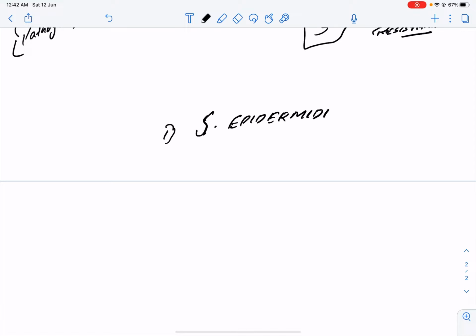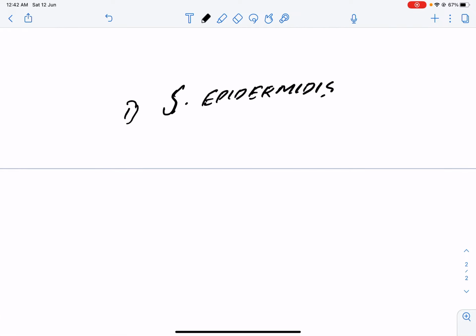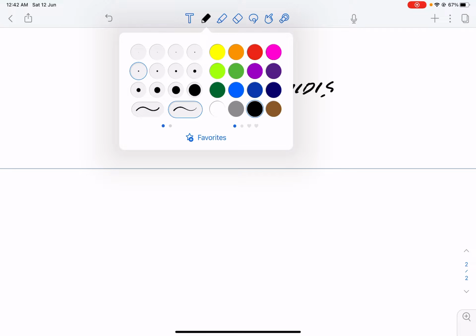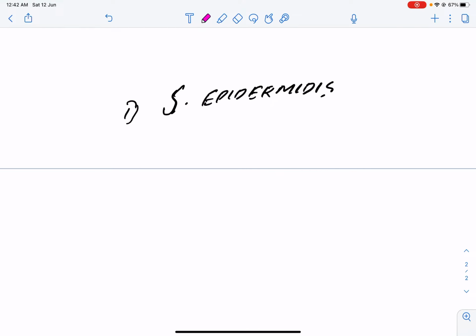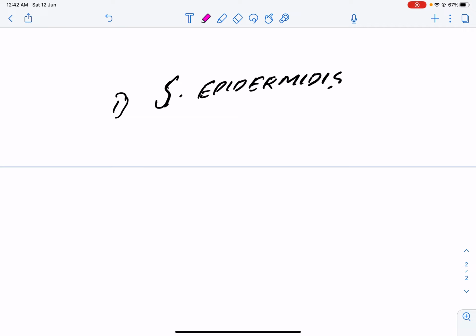Epidermidis. What you have to know about them? Remember, normally they come as an infection in people who are using an IV cannula, people who are every time exposed to an IV cannula or catheterization.